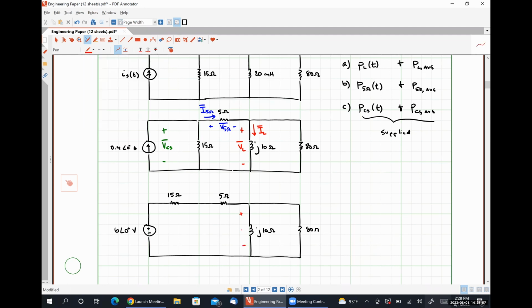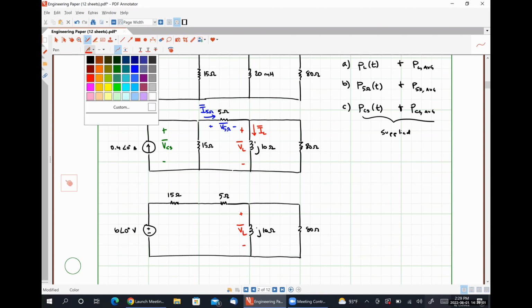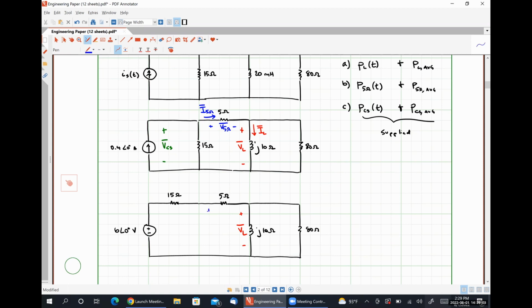This is VL, which I am going to solve for here in a moment. This is V5 ohms, which I am going to solve for here in a moment. I'm not going to bother solving for I5 ohms or IL, so I'm not writing them down.